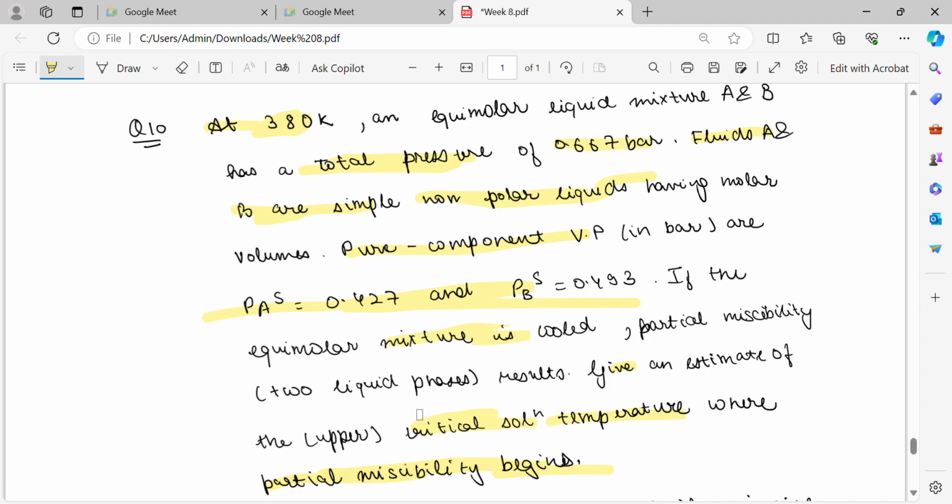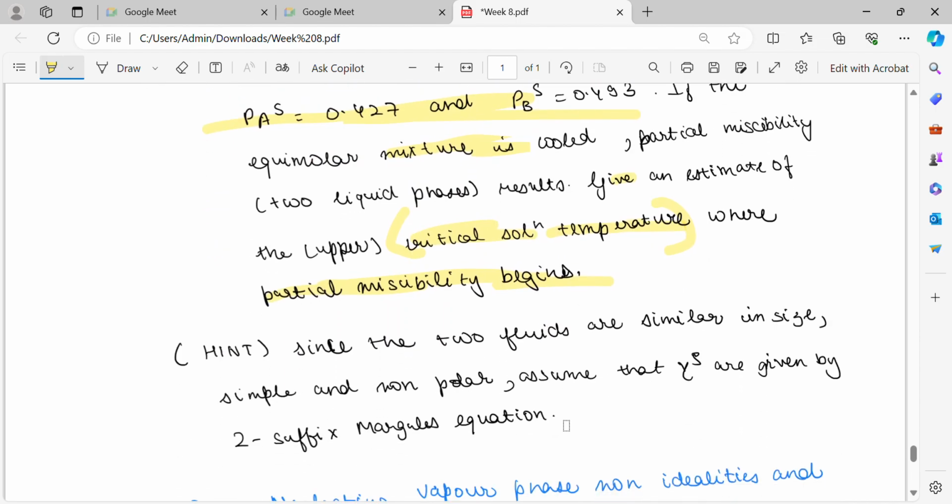So you need to find this as a critical temperature, and it gives a hint.